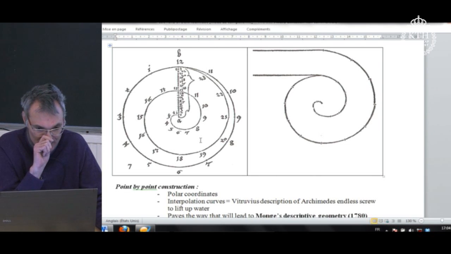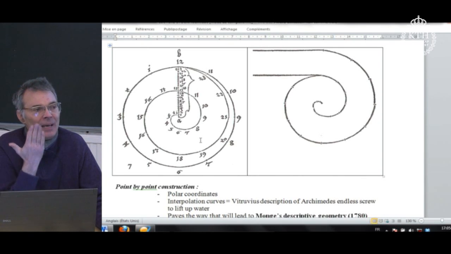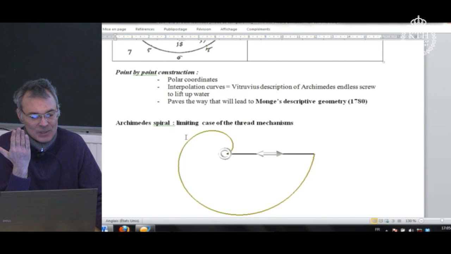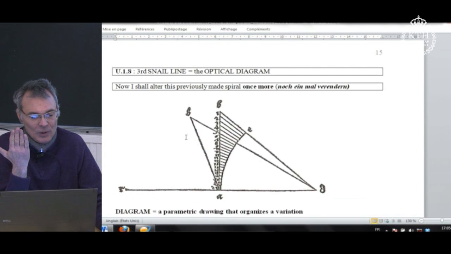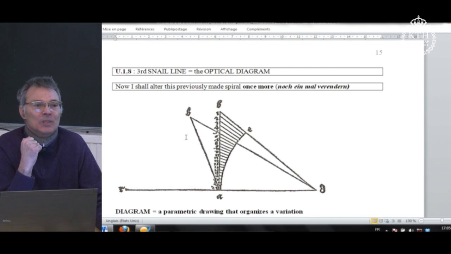What is important to understand is that this digital instrument is used here for a planar curve. And what is very interesting is to see that Dürer will be using the same device in order to describe a 3D curve.